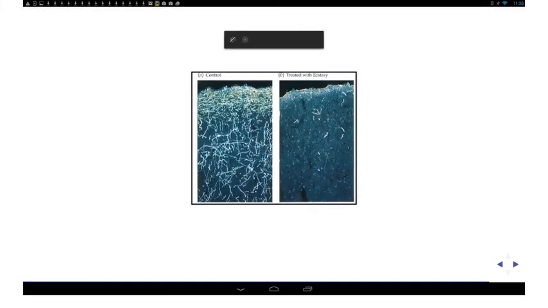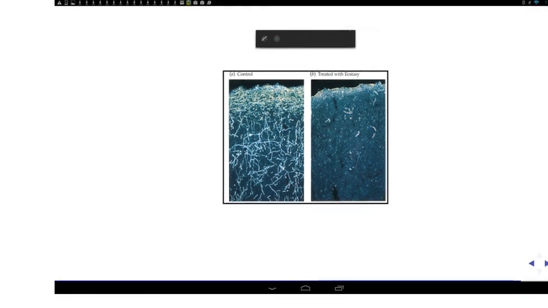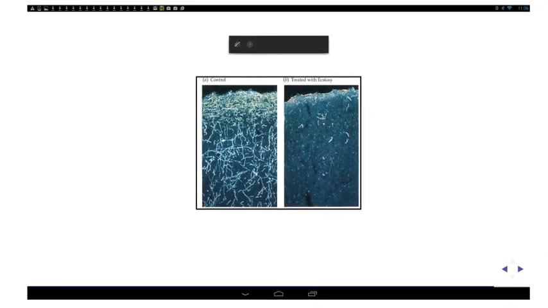So here's an example of the cortex. I think this is in a rat that received either a single or, in this case, a few injections of ecstasy. What we're looking at here, all of these white fibers, are serotonergic axons. Serotonin normally has a high level of projection to the cortex.